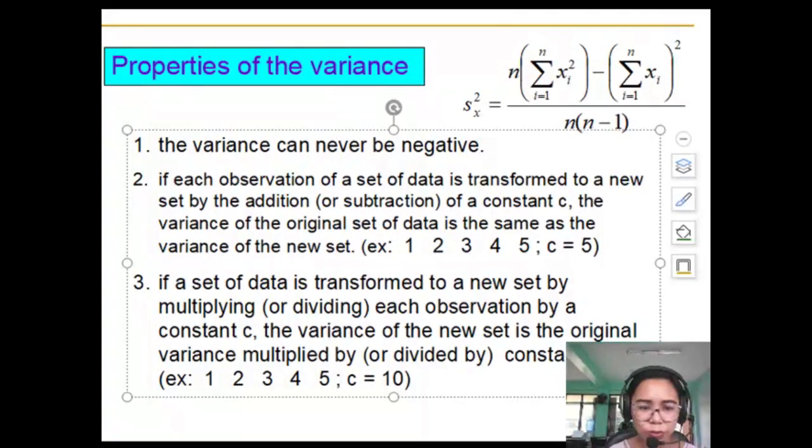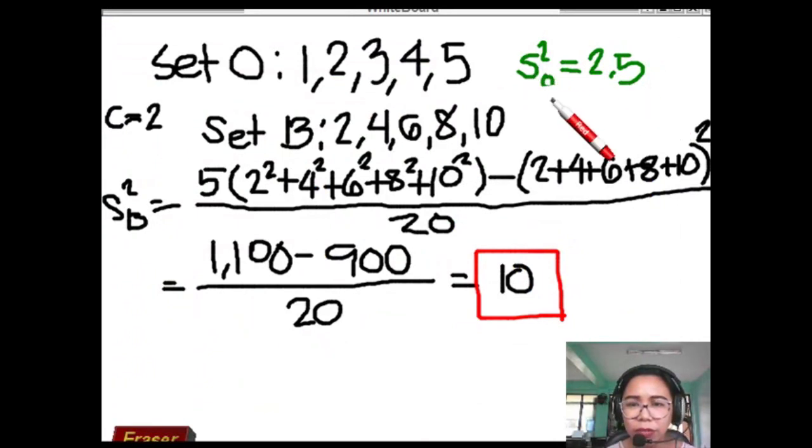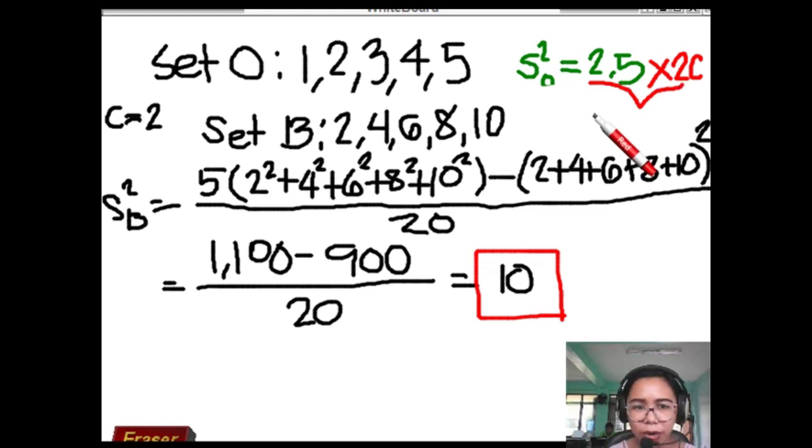Recall that the variance of the original data set is 2.5. Then we multiply it with the square of your constant c. So we expect our variance for set B, S squared sub B, to be equal to 2.5 times c squared.